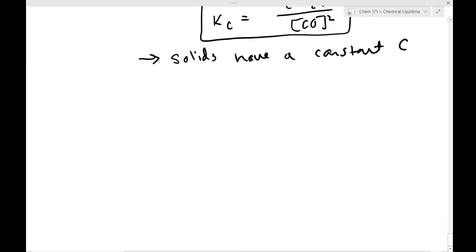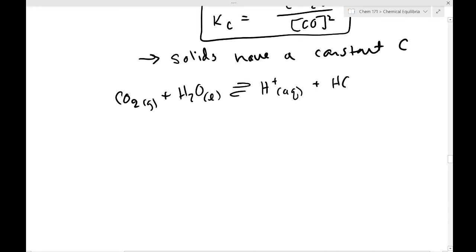What about liquids? If we have a reaction between CO2 gas and H2O liquid to form H plus aqueous and HCO3 minus aqueous, this has a pure liquid as part of the reaction.